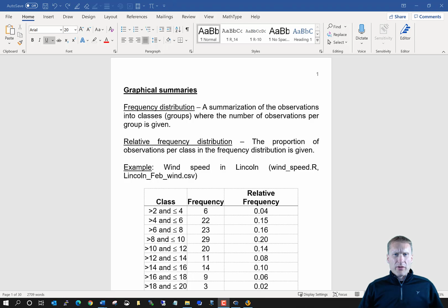If you've ever heard the phrase, "a picture is worth 1,000 words," indeed, doing plots and graphs can really help you make sense of what is going on with your data. Especially in an introductory statistics course like this, graphs and plots, I use those terms interchangeably, can help you learn these inference methods that we're going to be talking about.